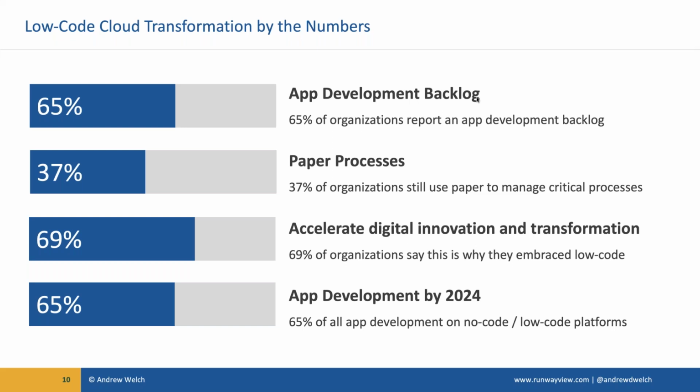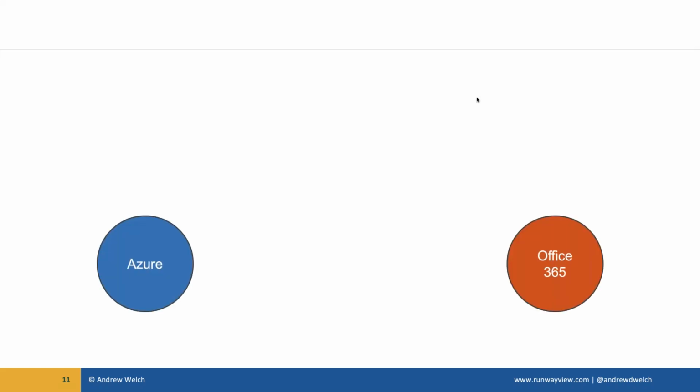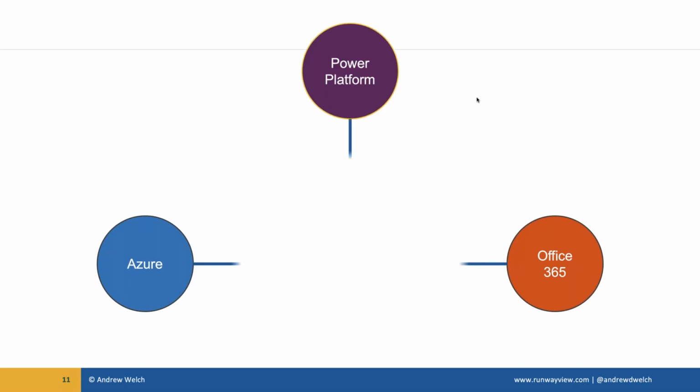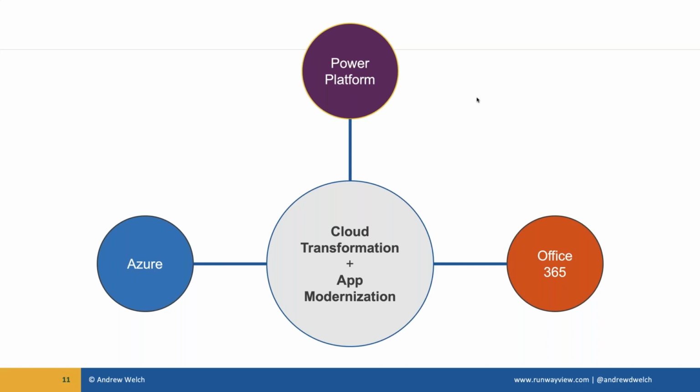So when we think about all of this, and this is why I was really excited about getting together with this group, how do we use all three clouds, Azure, Microsoft 365, and Power Platform, to achieve this idea of modernizing our applications, modernizing our legacy processes, and transforming our organizations in the cloud.